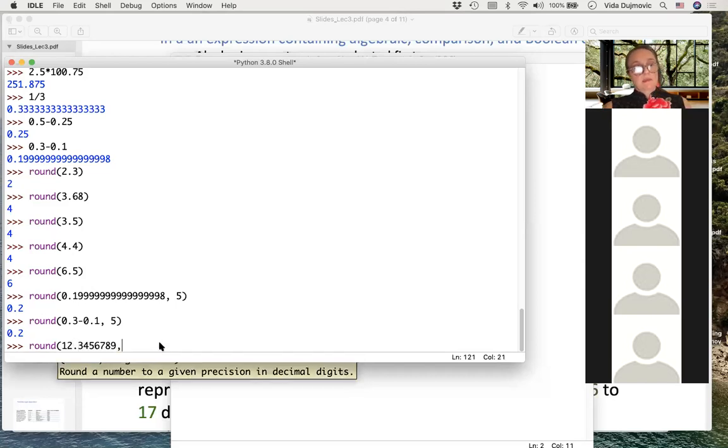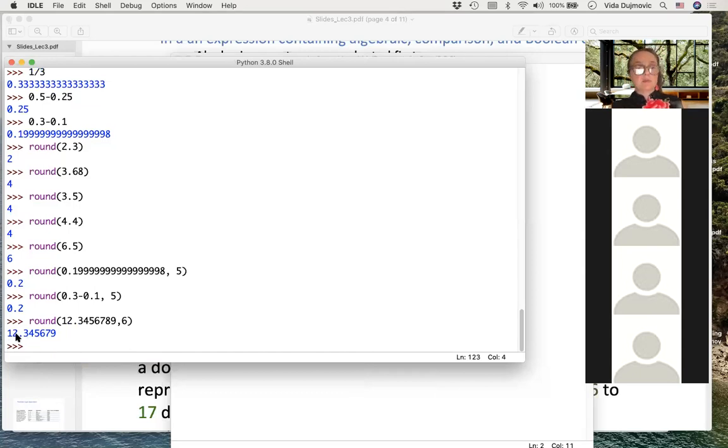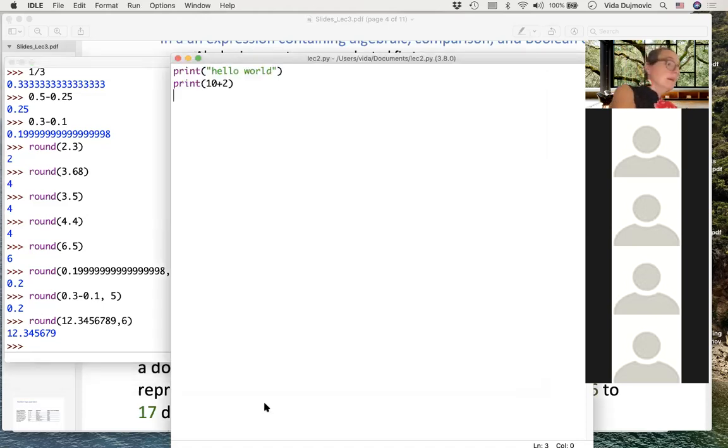Then I say, give me 6 most important digits, round it to 6 most important digits, and you get 2.34568, and the 89 was rounded to 9. Okay, so round is a useful way to deal with the fact that you are working with approximate numbers. Okay, so where were we?